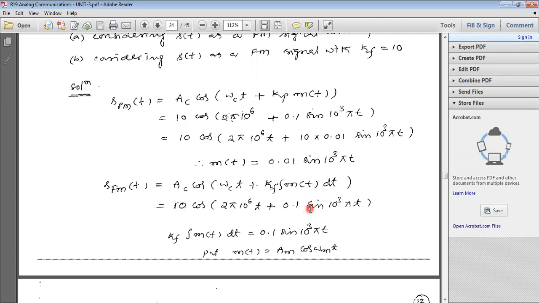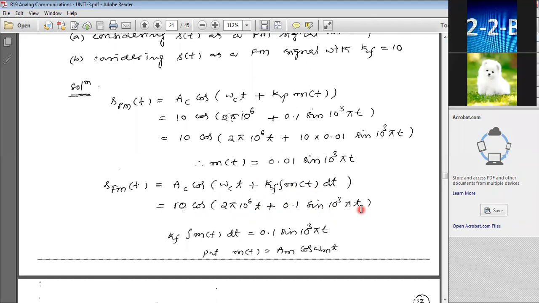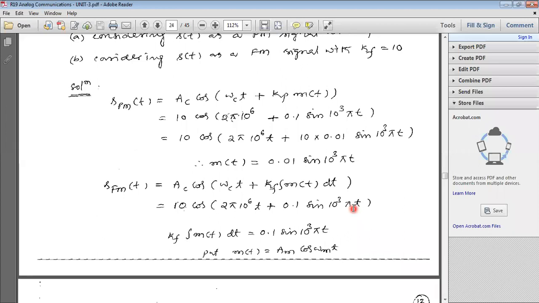Now this signal is compared with our original signal. What is the signal given in the problem? 10 cos 2 pi 10 power 6 t plus 0.1 sine 10 power 3 pi t. Now in place of kf integral of m of t dt, what do we have? 0.1 sine 10 power 3 pi t.